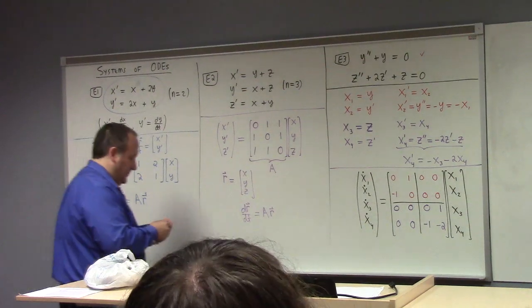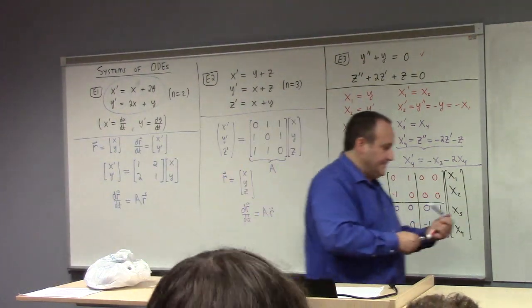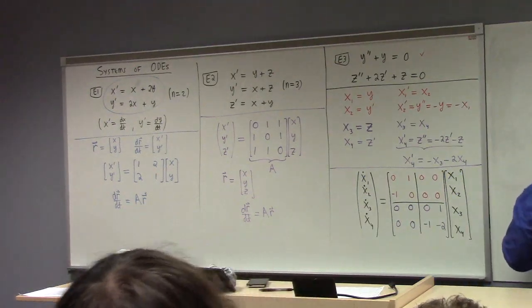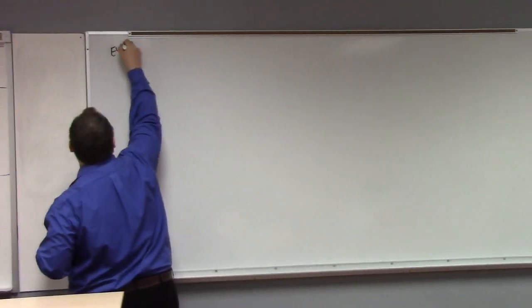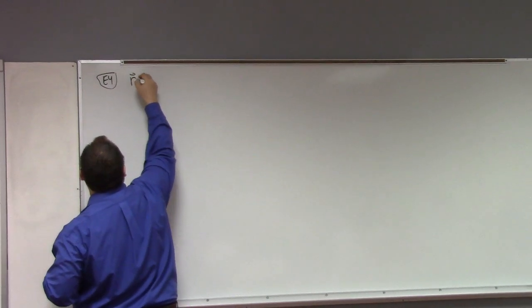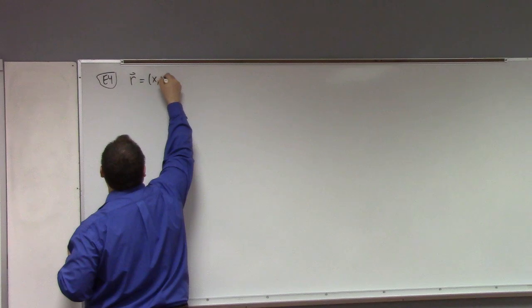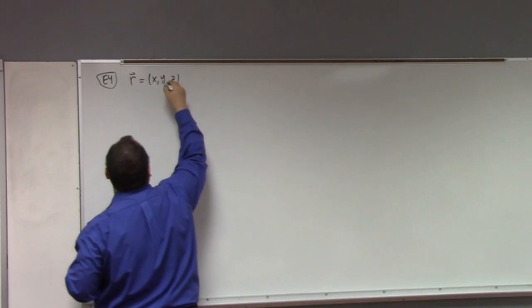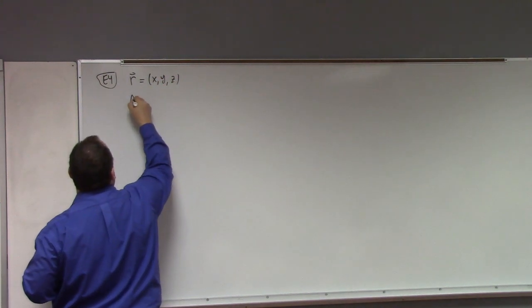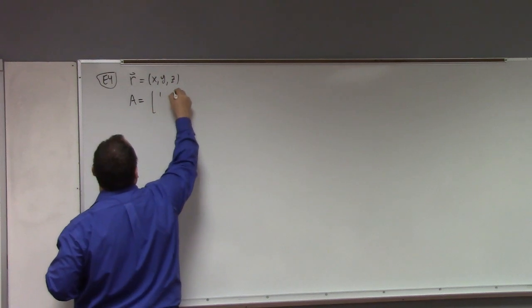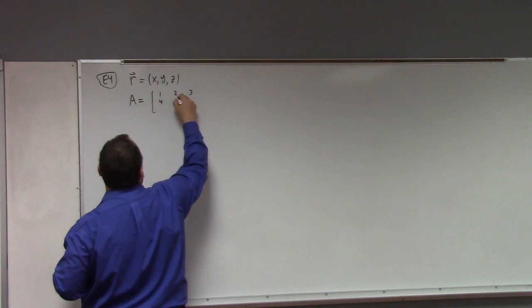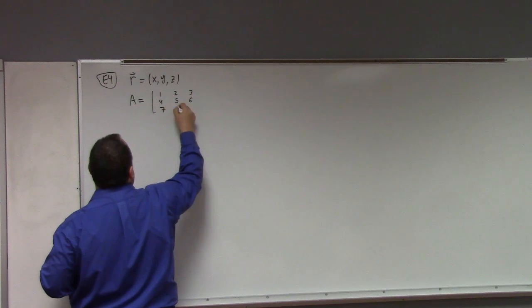Let me work an example the other way around. Example 4. Suppose you've got r equal to x, y, z, and you've got A equal to 1, 2, 3, 4, 5, 6, 7, 8, 9.